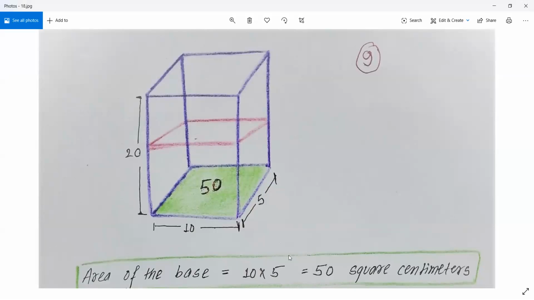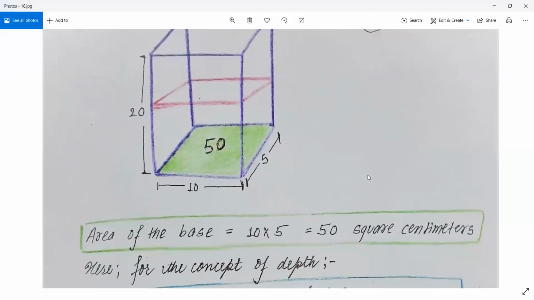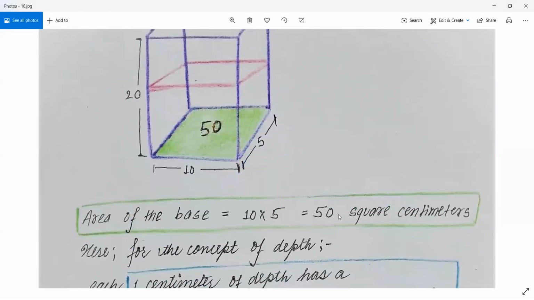If it's half full, then this height can be 10, because the total height of the rectangular tank is 20, and when it's filled halfway, it will be 10, right? So I just marked it. But I don't think that we need to care about the given height or the information that it's half filled. We just need to calculate the area of the base, that is 10 into 5, which is 50 square centimeters, right?